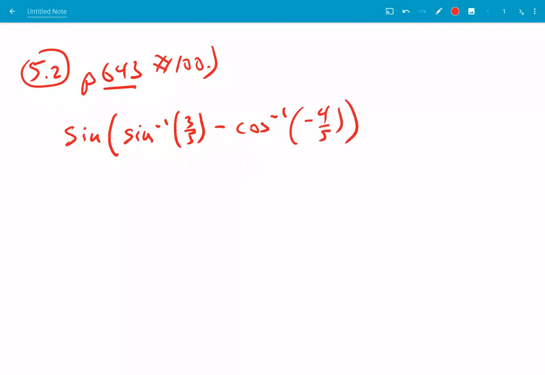Now, if you use the trig identity that the sine of the difference of two angles is the sine of the first angle times the cosine of the second angle, so here's the first angle, and here's the second angle. The arc cosine is an angle, right?